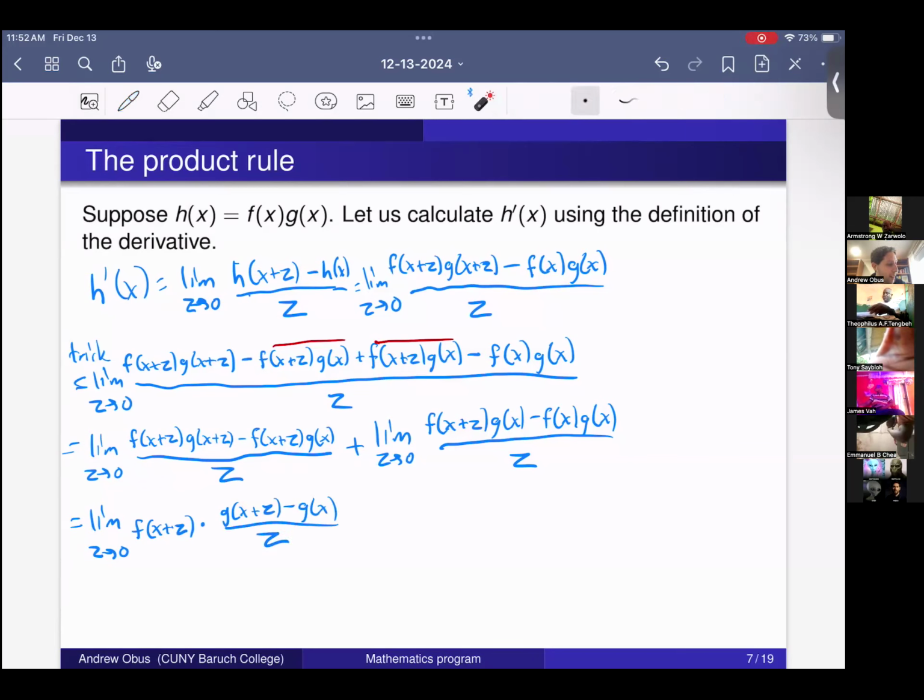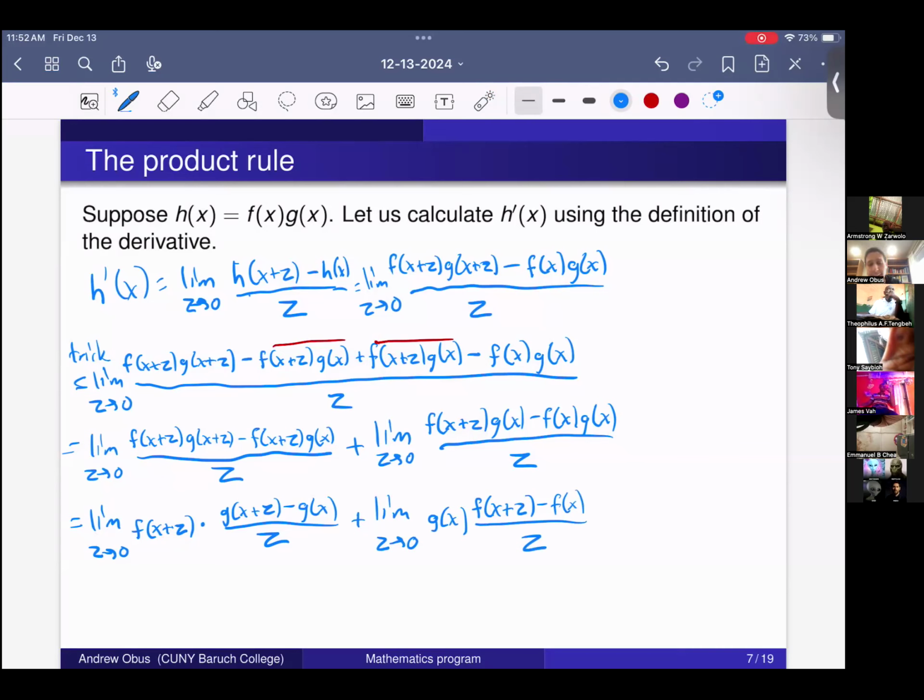I'm just rewriting this by factoring out f of x plus z, which I have in the numerator. And similarly, I can take the limit as z approaches 0. Here I have a g of x that I can factor out. So I get g of x times f of x plus z minus f of x over z.